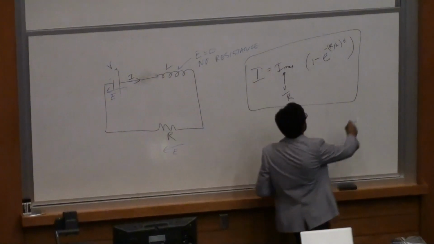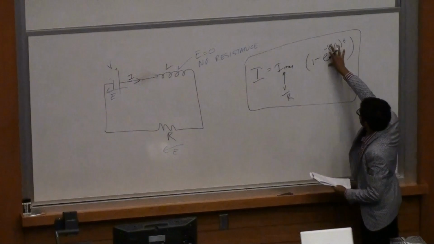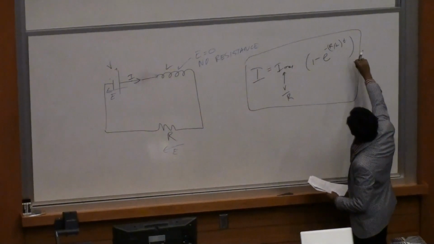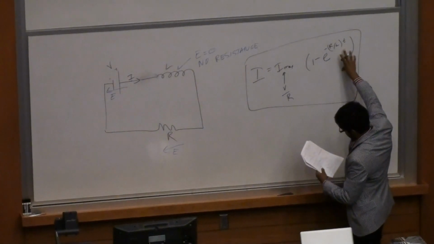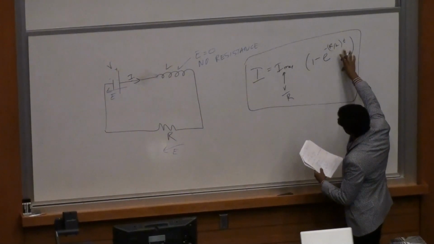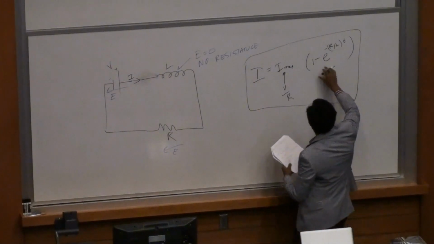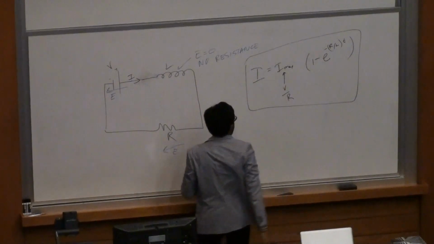At t equals 0, the exponential becomes 1, so you get 1 minus 1, that's 0, and that goes away.